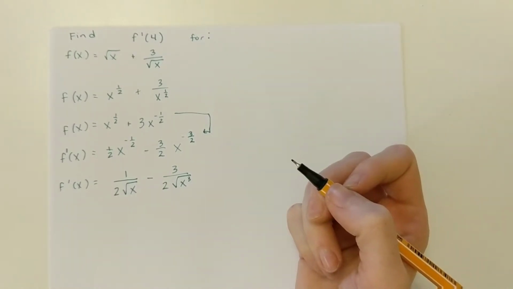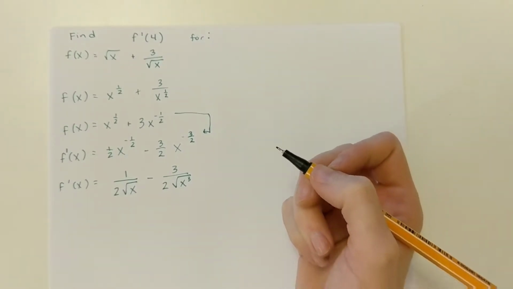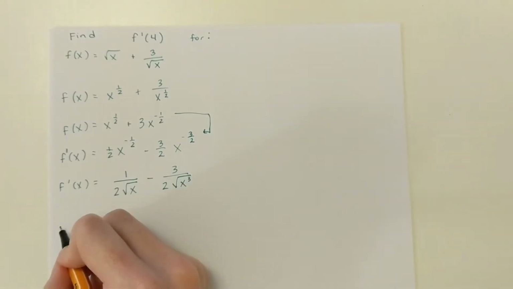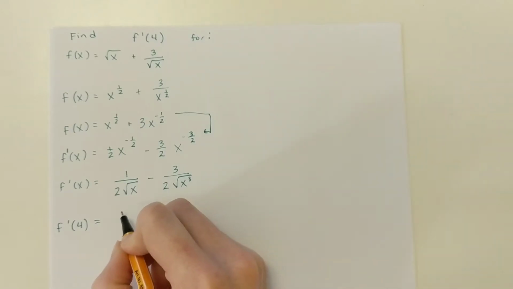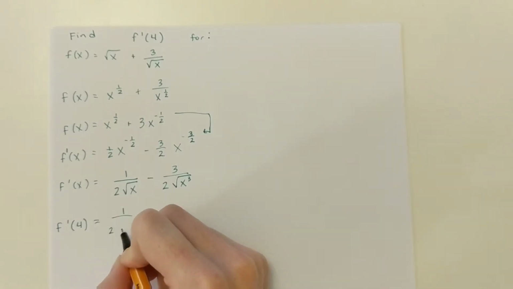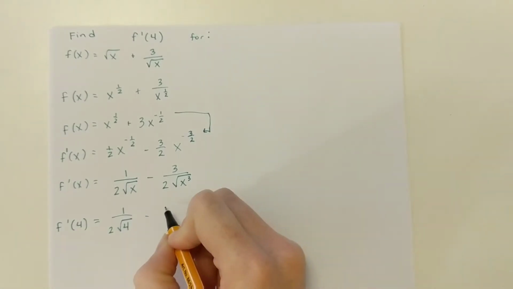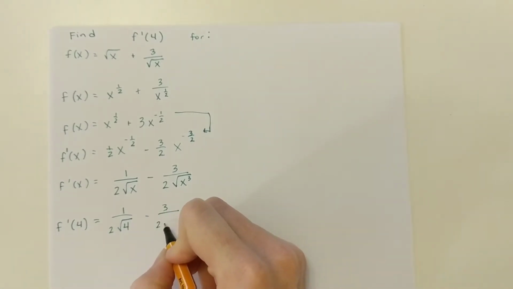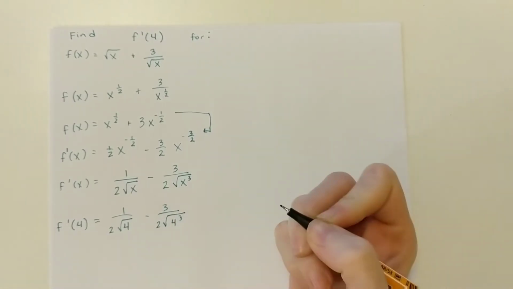And lastly, we're going to plug 4 in for this new equation. So f prime of 4, we have 1/2 square root of 4, and this is going to be 4 cubed right here.